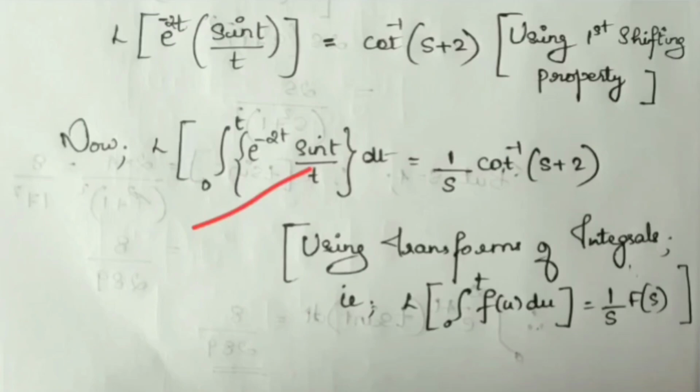We already know that Laplace of integral 0 to t f of u du is equal to 1 by s f of s. So, Laplace of integral 0 to t e raised to minus 2t sin t by t will be equal to 1 by s f of s, that is 1 by s cot inverse of (s plus 2).